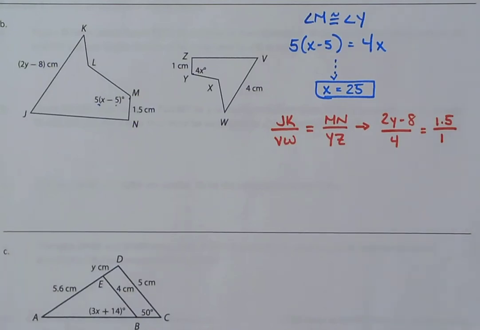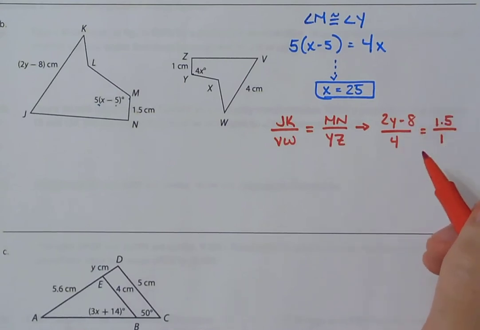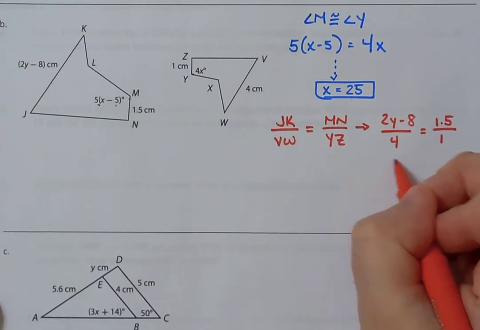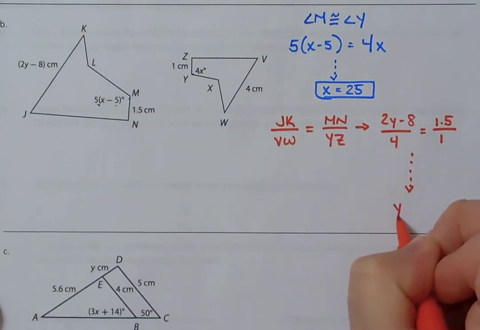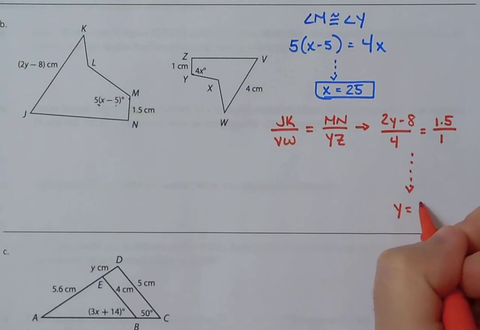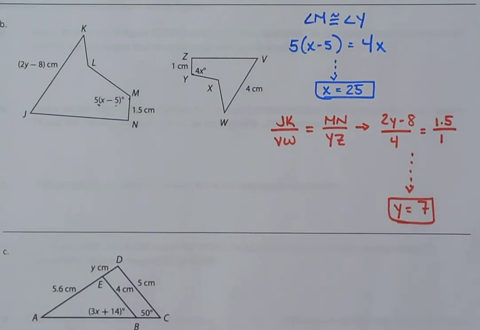So we have 2y minus 8 over 4 equals 1.5 over 1. Now that you have your proportion, you would cross multiply, and then you go through and solve for y. And if you go through and do that, you should get y to equal 7. And that is your answer for part B.